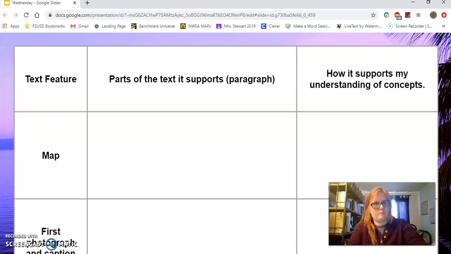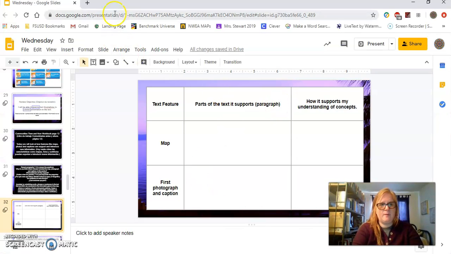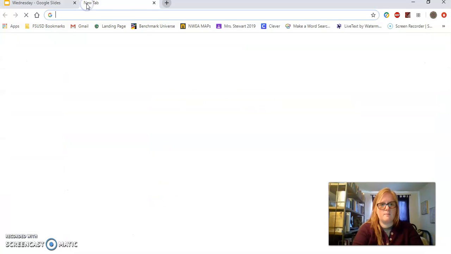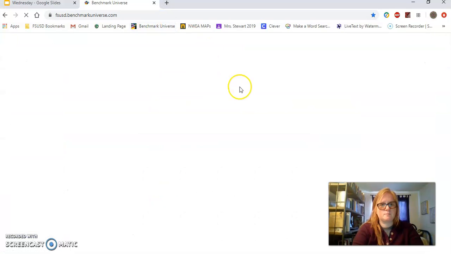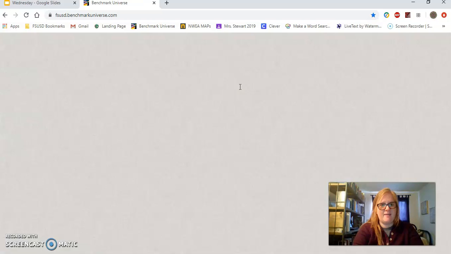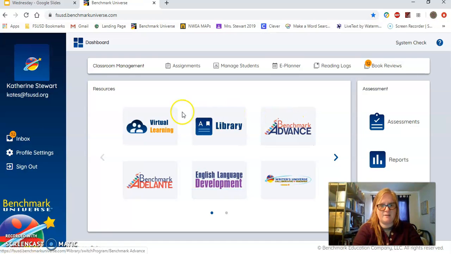So, I'm going to actually open it up to Benchmark to take a look at the map and paragraphs 7 and 8.